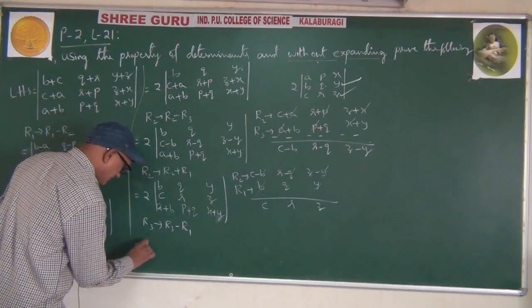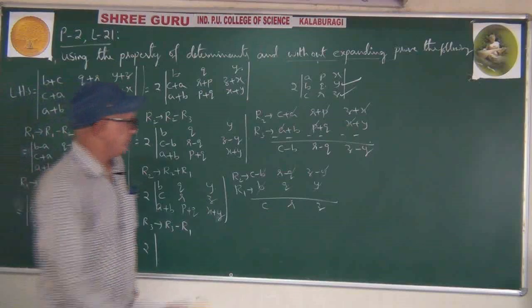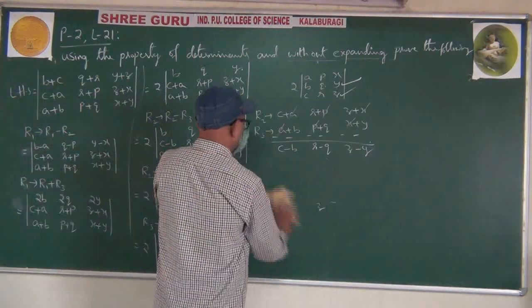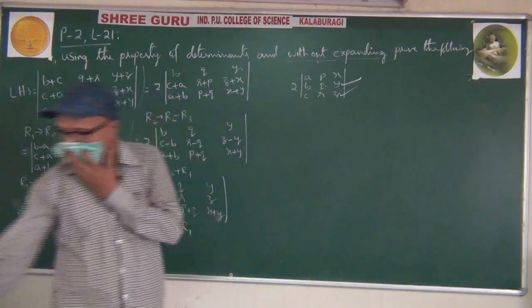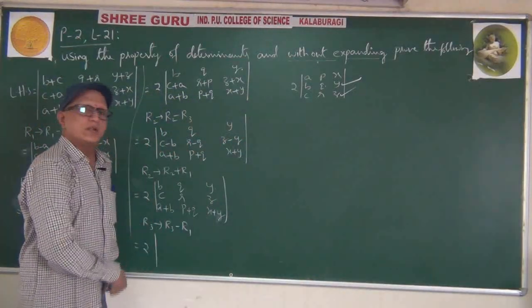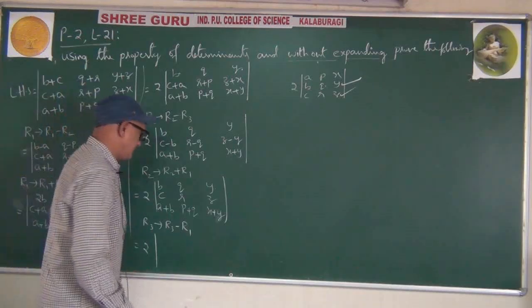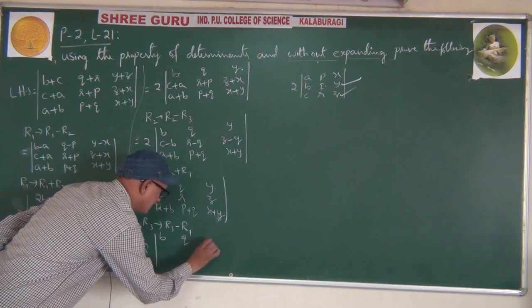R3 minus R1 means the third row we are changing. Nothing happened to the first row. Keep the first row as it is.